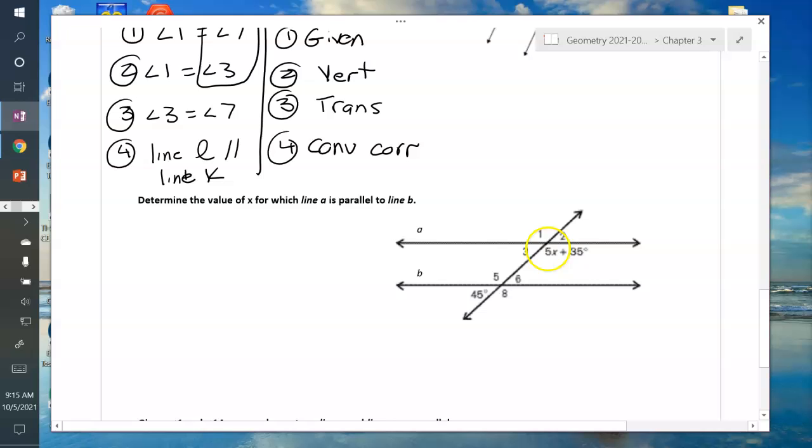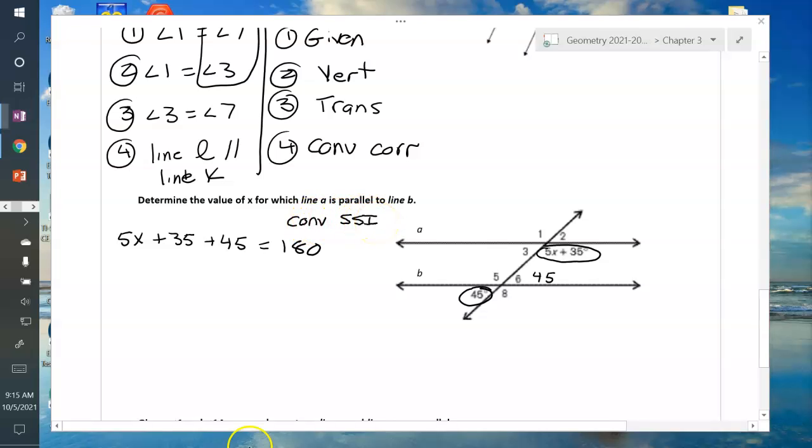So here I have this one, and I have this one. Now that's no special relationship, but I do know that 45 and 6 are vertical, so therefore angle 6 is 45. So I can write this equation. I can say 5x plus 35 plus 45 equals 180, and I'm using the converse of SSI.